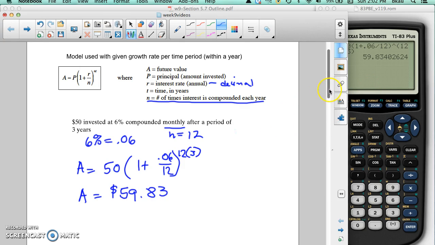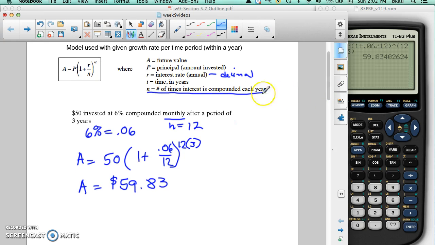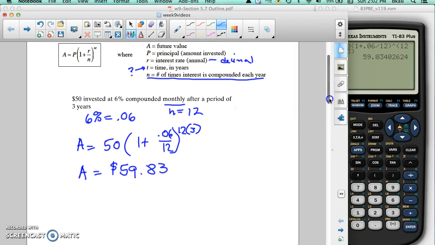Now this is in this section because what we're going to be looking for in the future is t, for time. We're going to ask how much time it's going to take for investments to occur. In order to do that, we're going to need to use logarithms to help us solve the equation.